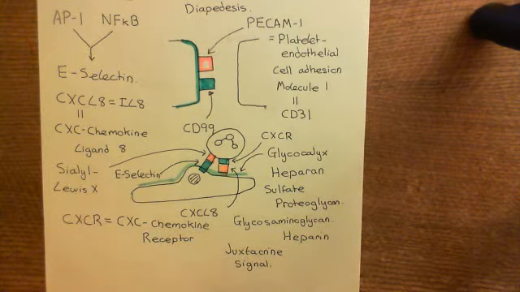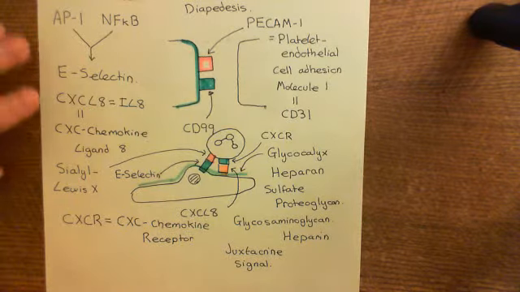Okay, so when you initially expose an endothelial cell to interleukin 1 and tumor necrosis factor alpha, these three things will happen: increased vasodilatation, increased leakiness, i.e. increased size of these gaps between the endothelial cells, and increased expression of E-selectin and CXCL8 to recruit neutrophils.